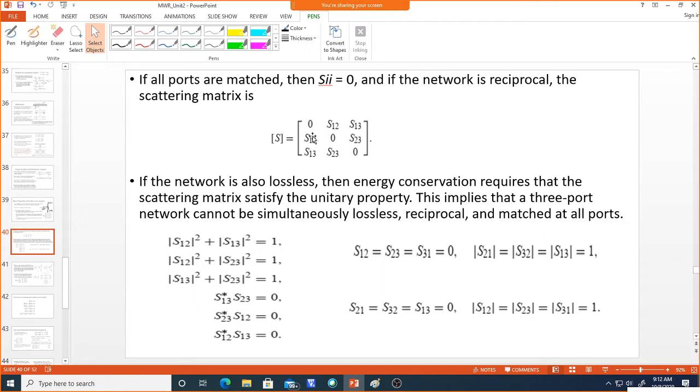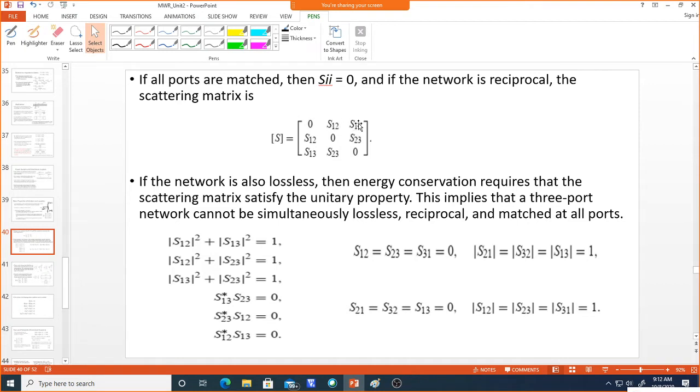Now if you multiply one column with another column, they will be orthonormal. Orthonormal in the sense it should be equal to 0. The complex conjugate of one column with the other column should be equal to 0.